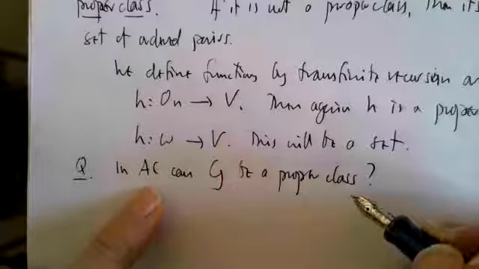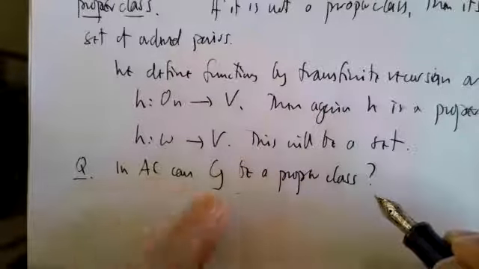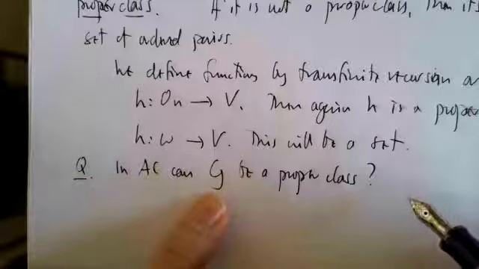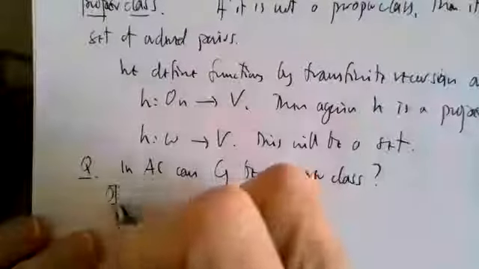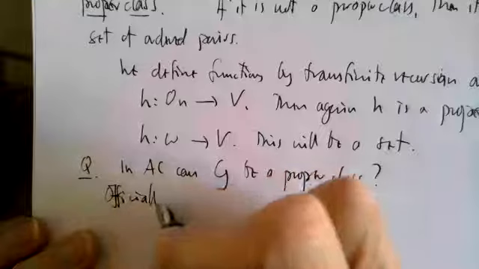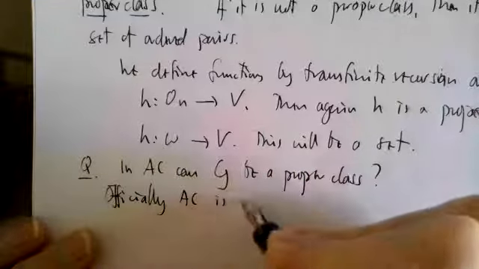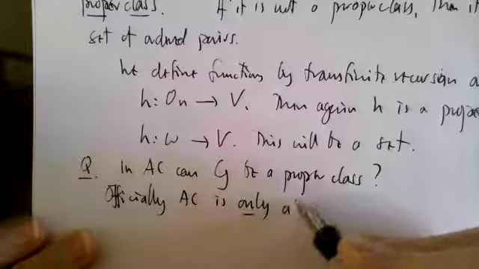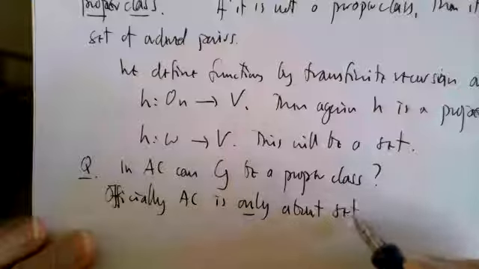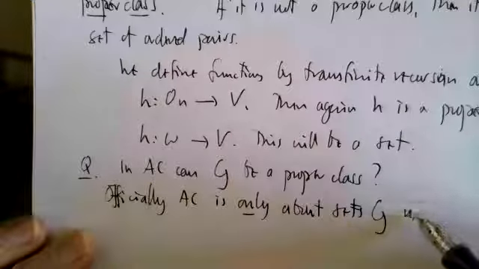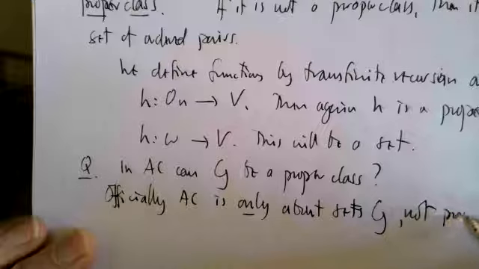So officially speaking, AC is only about sets G. Not proper classes. This would be a stronger class choice principle.